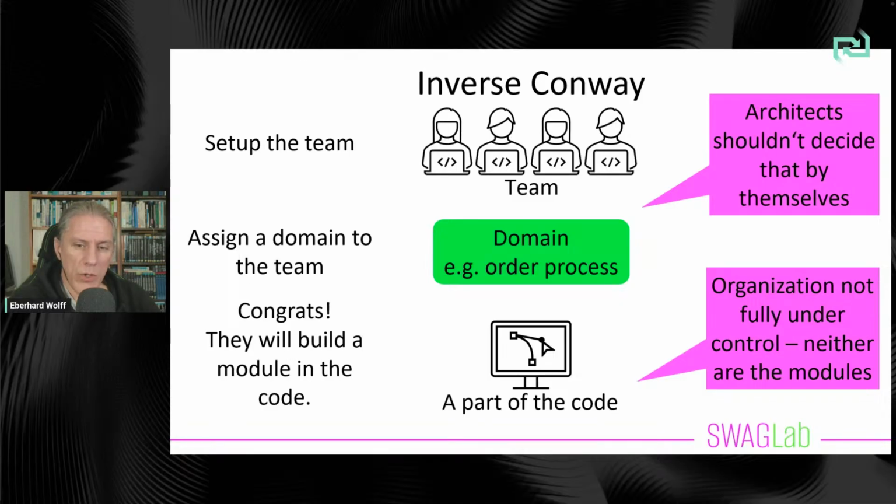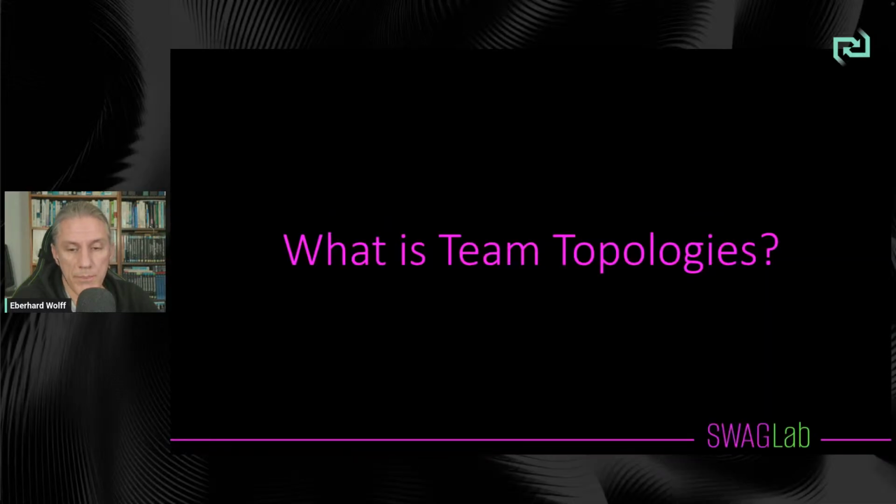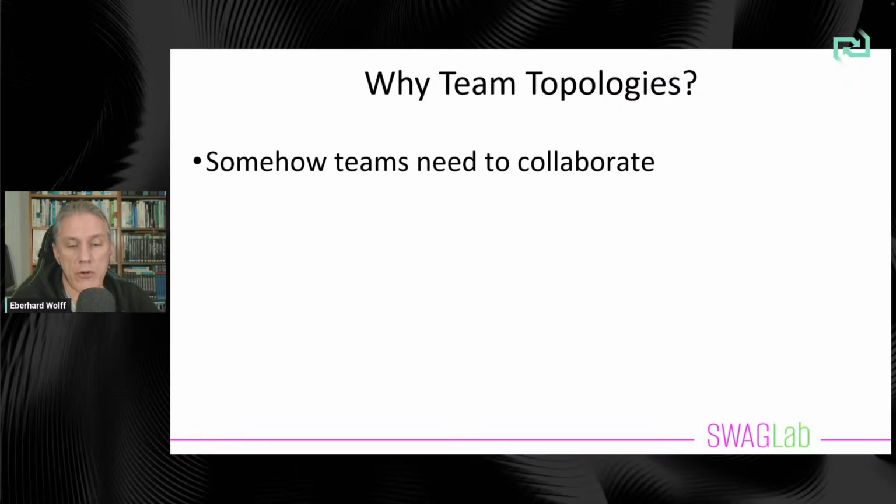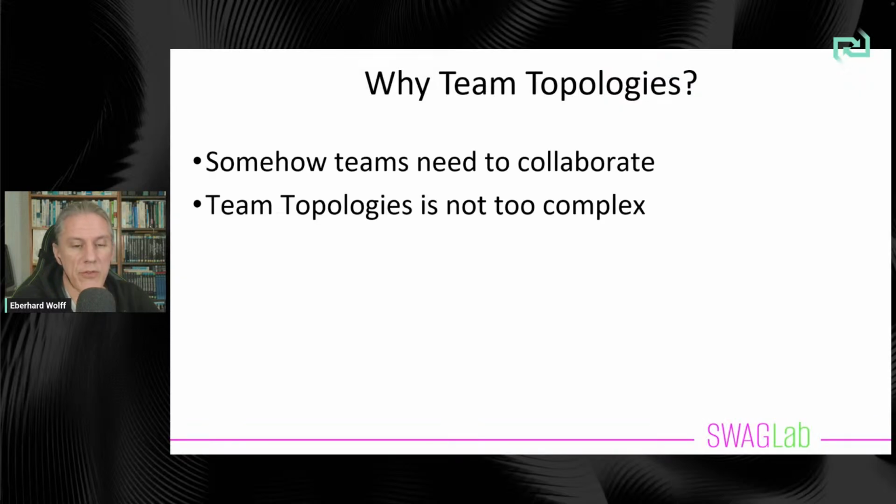The other thing that I wanted to talk about, and that also spreads a different light on the inverse Conway maneuver, is team topologies. So team topologies is an approach where we define how teams should collaborate. It's not really that complex. There are just a few patterns that you need to understand. And it's sort of intuitive, I would argue, at least to me, but you might be different.